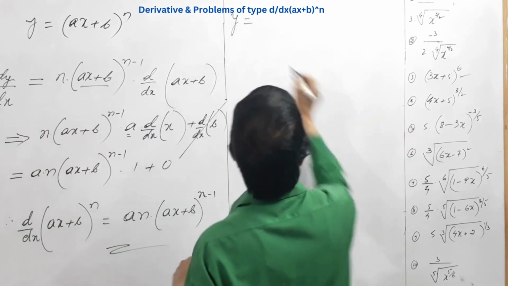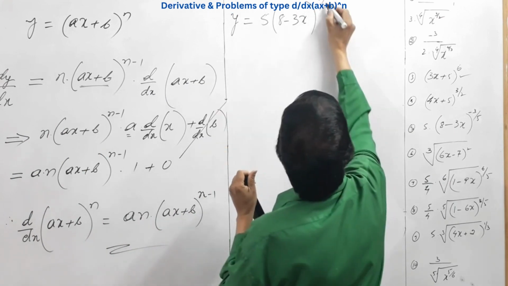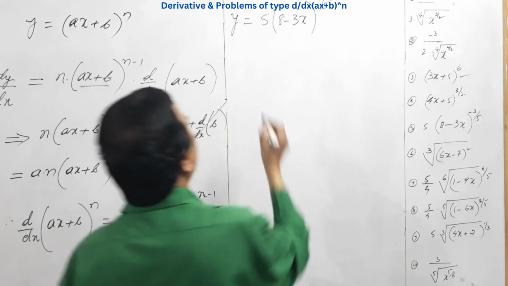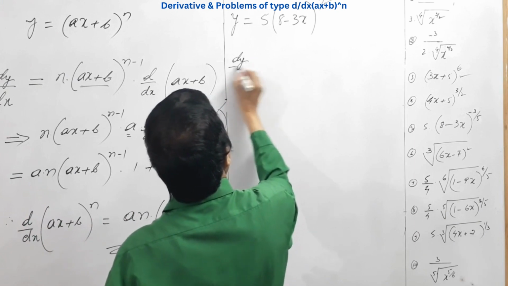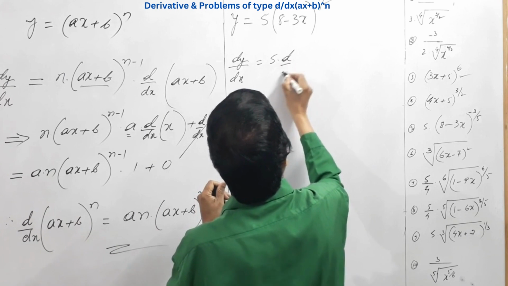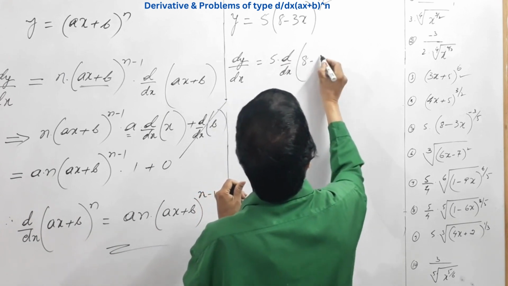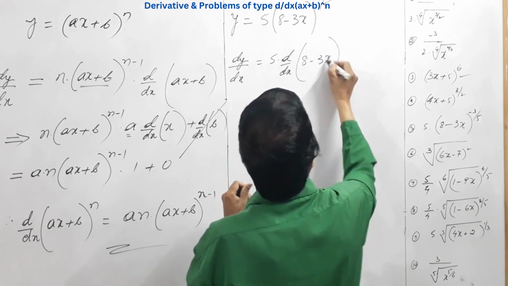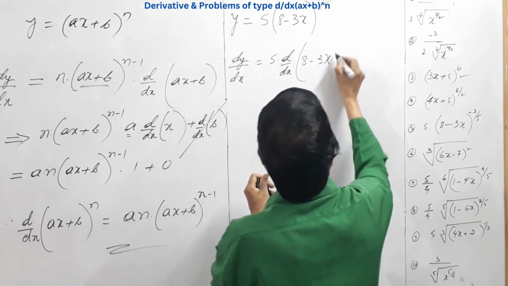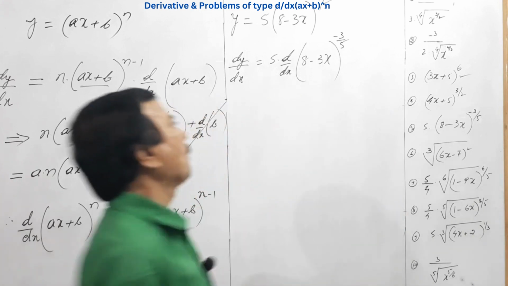Y equals to 5 into (8 minus 3x) to the power of minus 3 by 5. So, let us apply this rule. dy by dx equals 5 into d by dx of (8 minus 3x) to the power of minus 3 by 5.